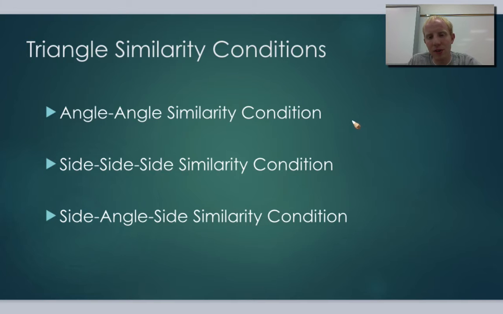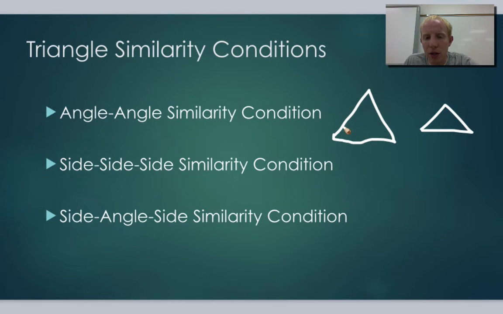Angle-angle similarity condition means if I have two triangles, and I don't know if they're similar or not, but I know they have two angles that are equal, it turns out there's a way to prove this. We're not going to worry about that right now, but if you have two angles that are equal on a triangle, they are similar.